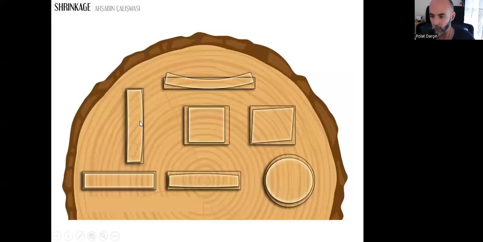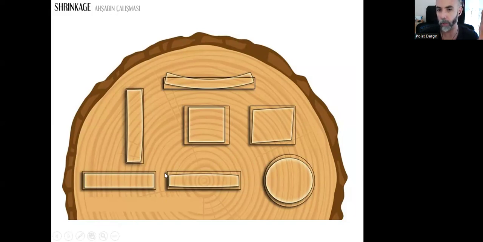So that's very important for us to pick the right tree, and we need to locate a proper position in order to create our components. This is an image that shows different shrinkage, different types of deformation, based on the growth rings.